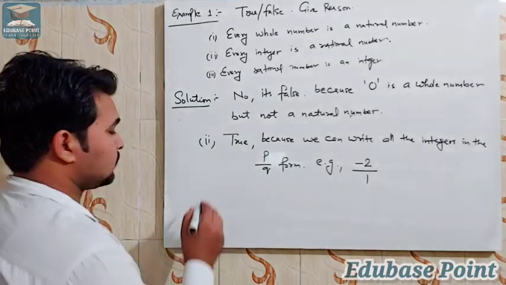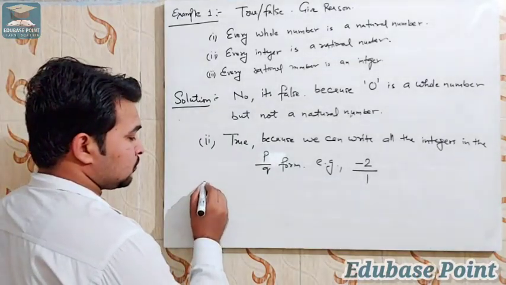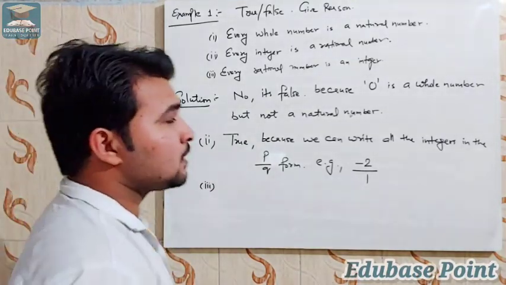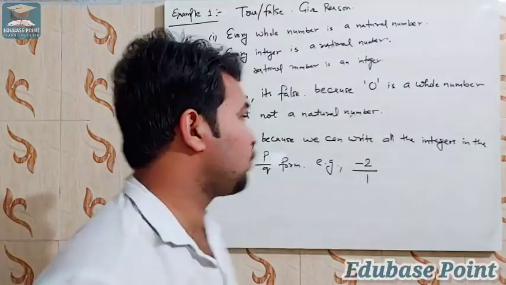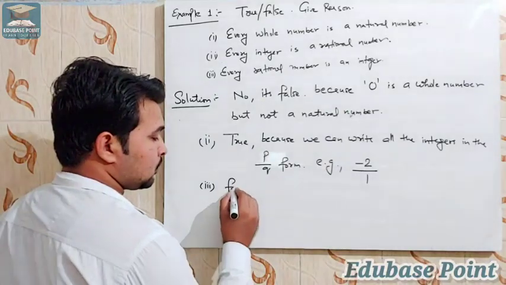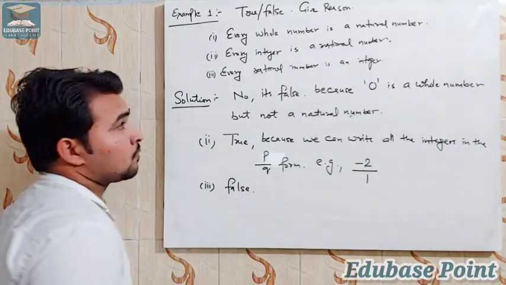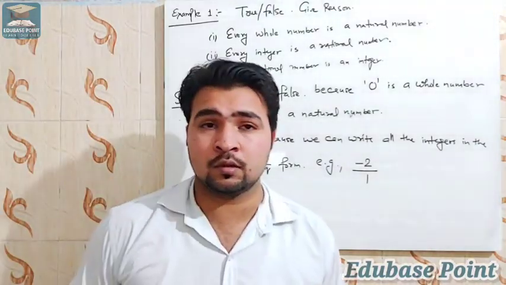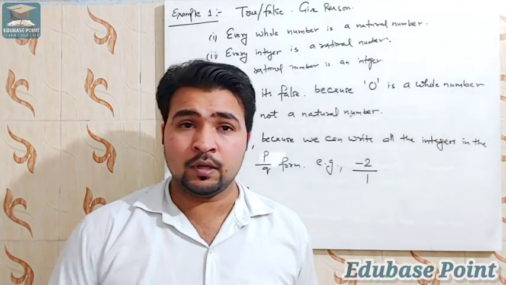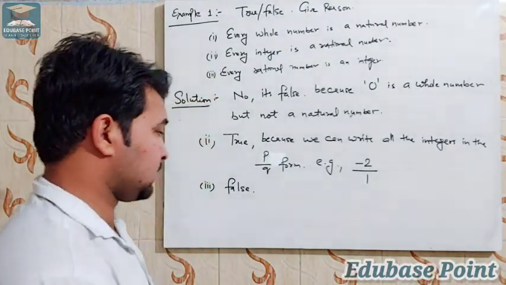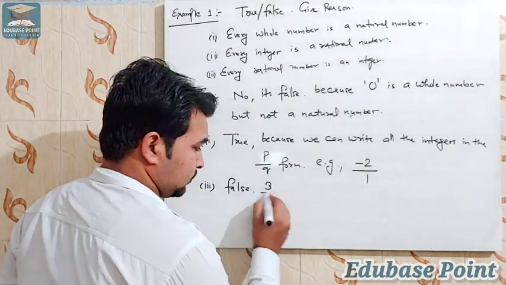The third one is, every rational number is an integer. No, this is false. This is false because, for a rational number in the P upon Q form, I will take an example, 3 by 4.